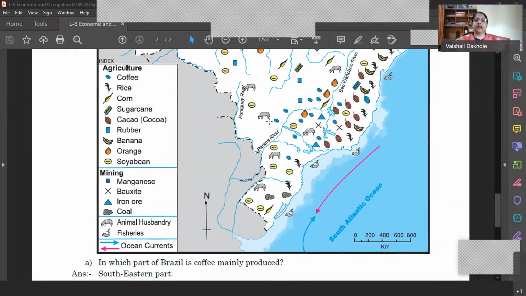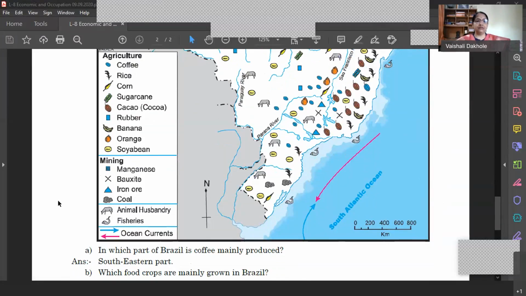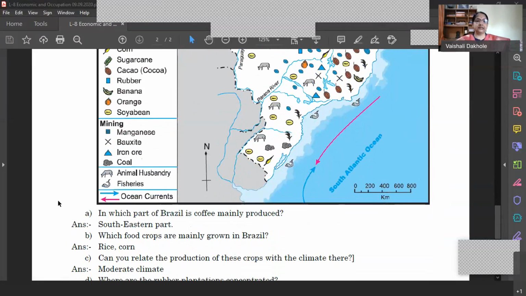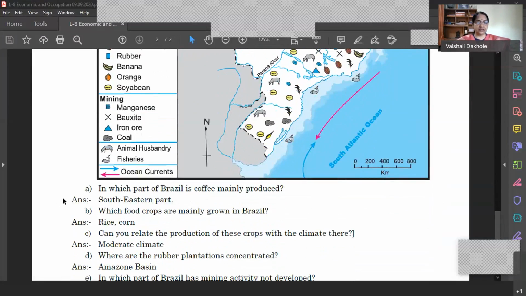In the Parana River Basin, you can see the coffee beans are shown. That region is the Sao Paulo region of Brazil. In the Sao Paulo region of Brazil, you will find most of the coffee beans shown. So in the answer, you have to write that in the southeastern part, south central or eastern part of Brazil, coffee production is mainly concentrated.